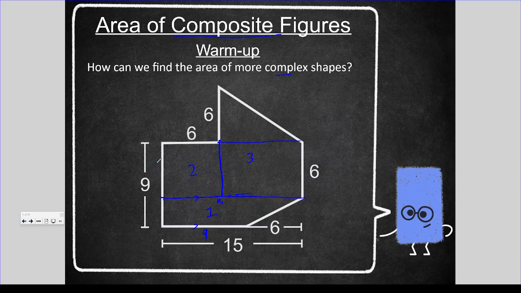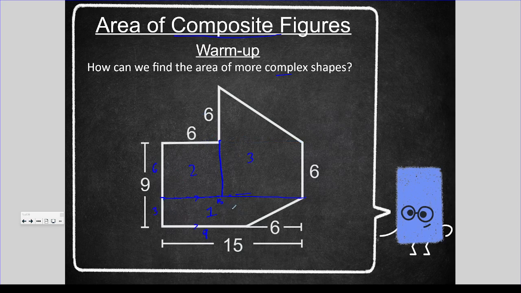Let's see. So I know this is 6. No, I don't know that's 6. Okay, well, we're going to go with the assumption that this point is collinear with this line over here. Otherwise, we're not going to be able to do this one. So we're going to make that added assumption and say that this is 6 and 3.